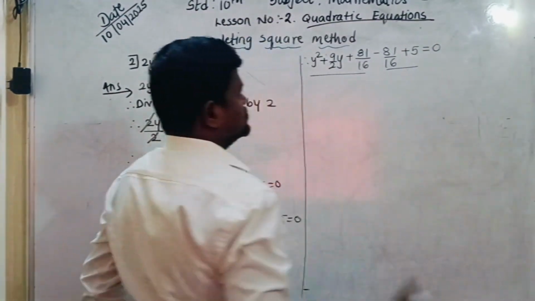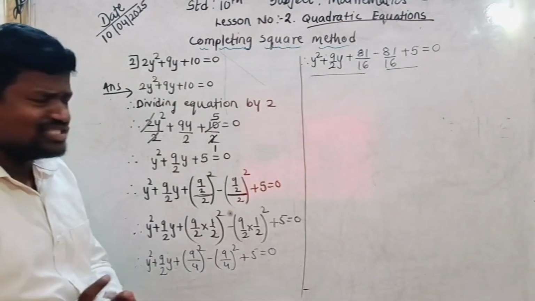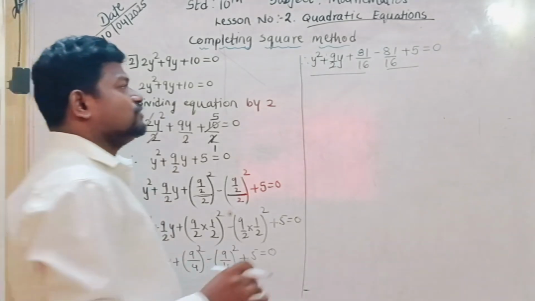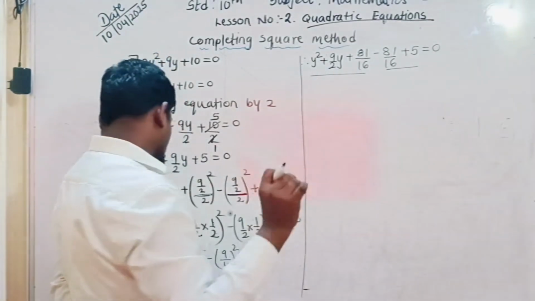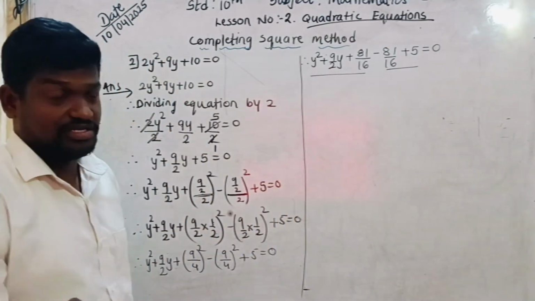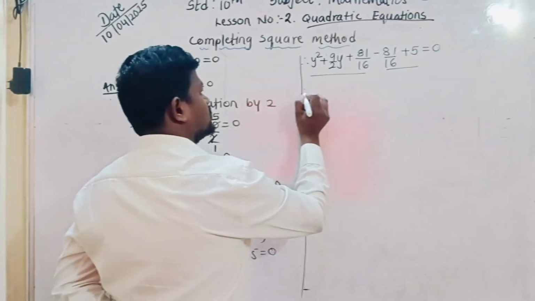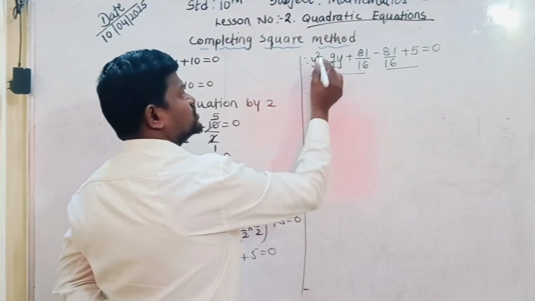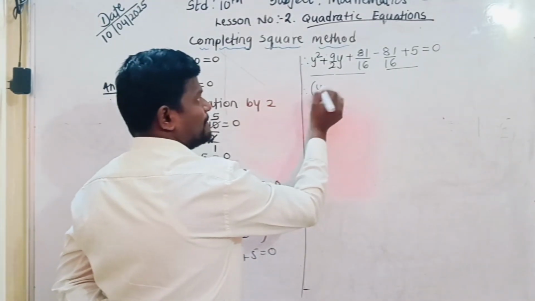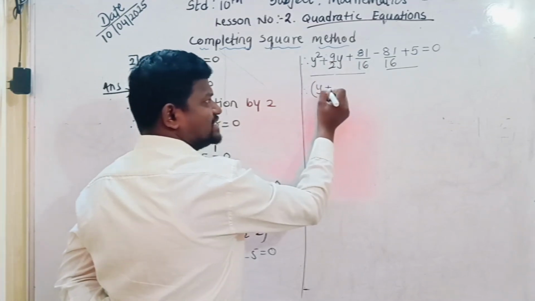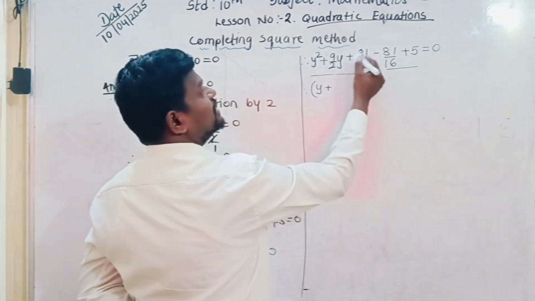Then mark the first 3 numbers and then the last 2 numbers. For the first 3 numbers we have to write down the shortcut. For this shortcut we have y square, so only write y. Then use the first sign always. Check out the third number.